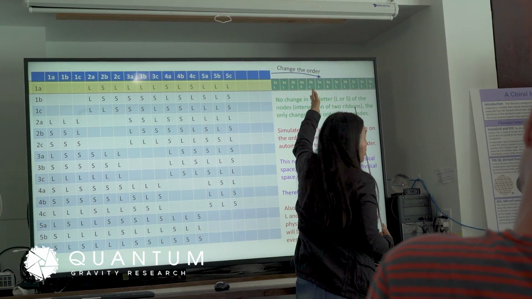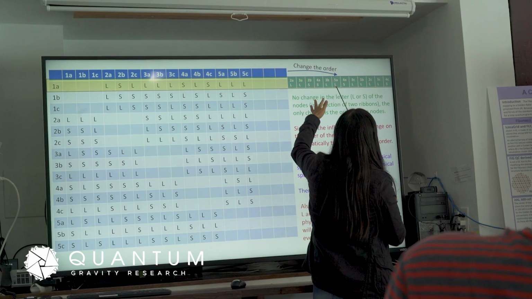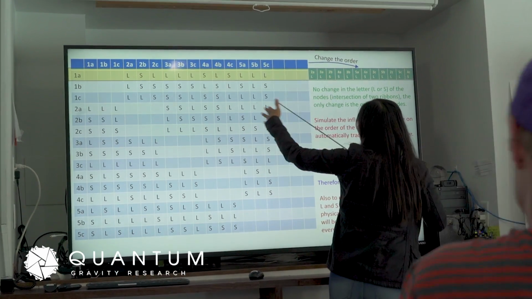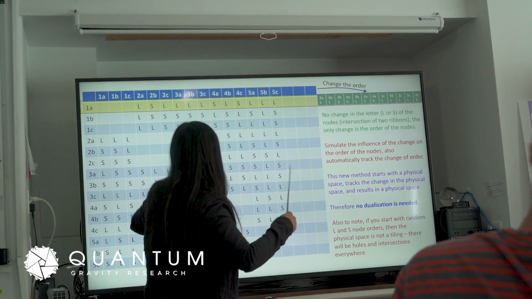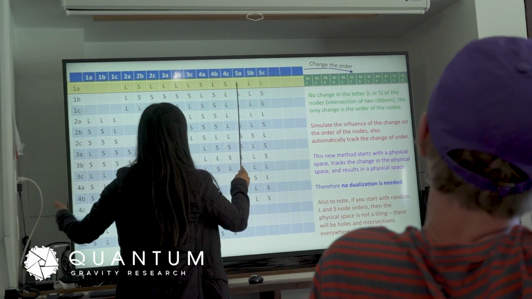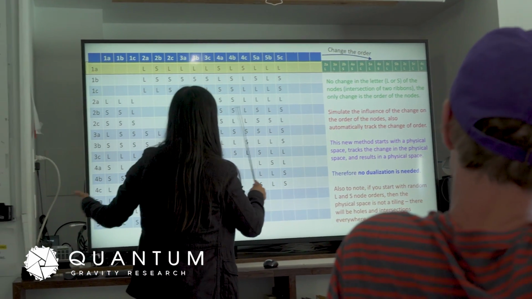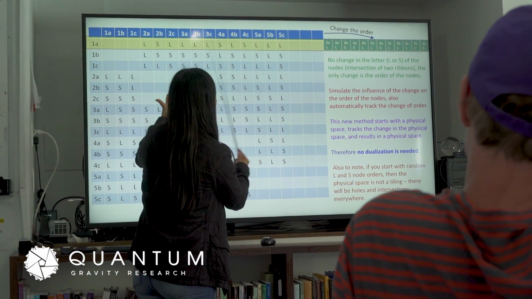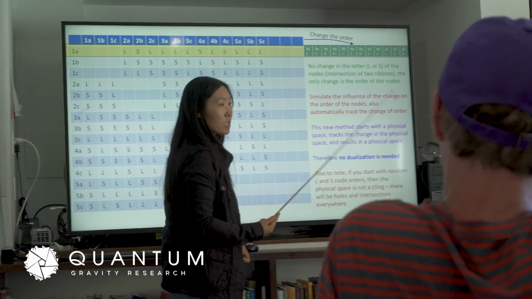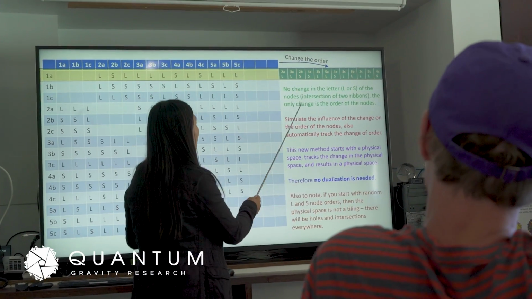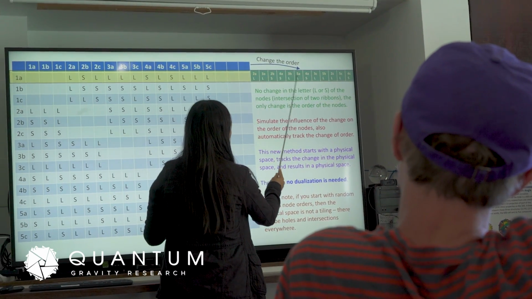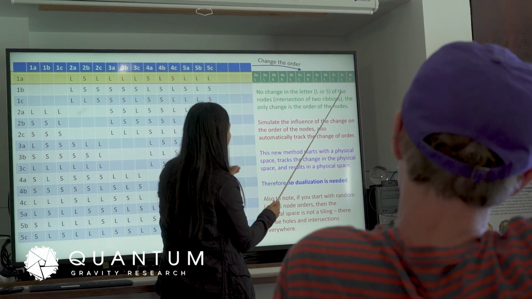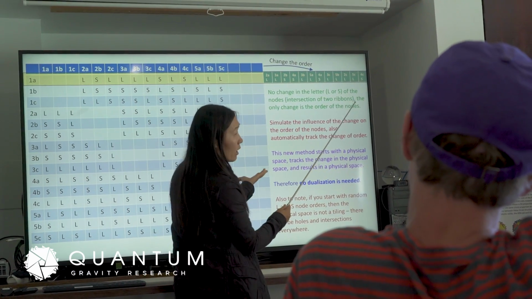But when the L changes, it has to move this one together with it. So in this matrix that we have, 5A and 2A are always going to be L. What's changing is the ordering. In his case, he never tracked the order change, the node change. He leaves that node there and just changes it to an S or L.